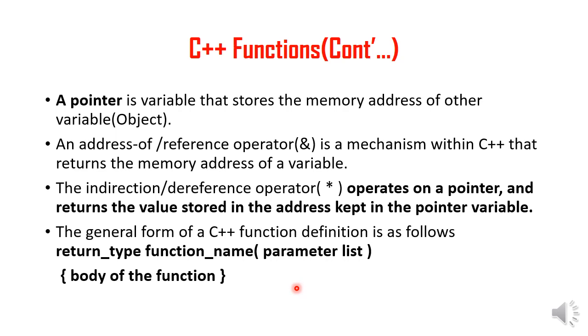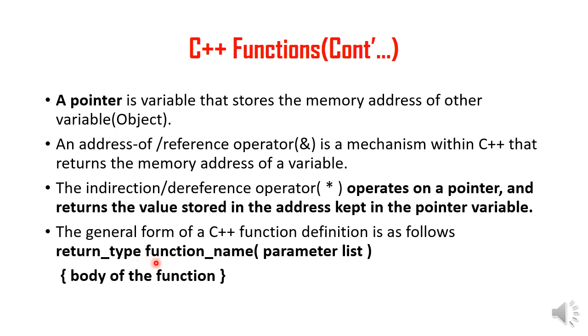Once a programmer is creating a function, he or she has to respect the following syntax. This is the general C++ syntax to create a function. Each user-defined function must have what we call a return type, and a return type is like a data type, like int in C++, float, double, void, and so on.